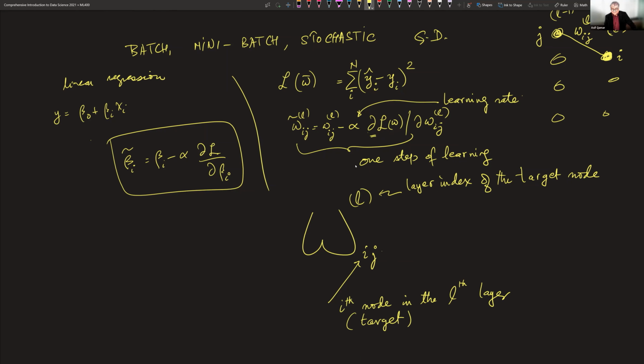And j, you can think of it as the source node of the edge in the L minus 1 layer.